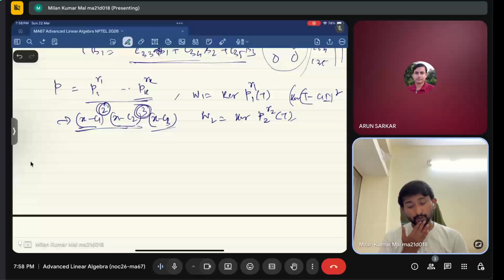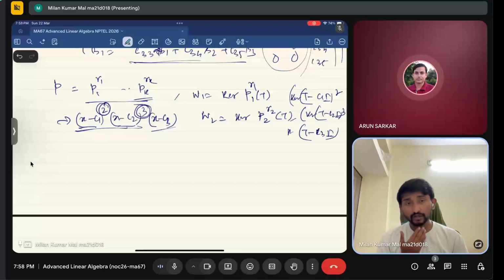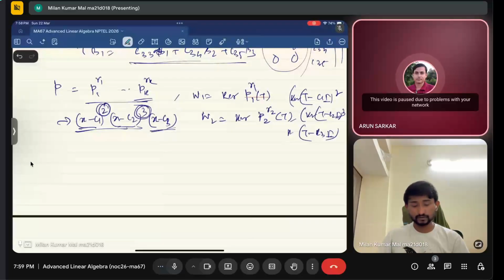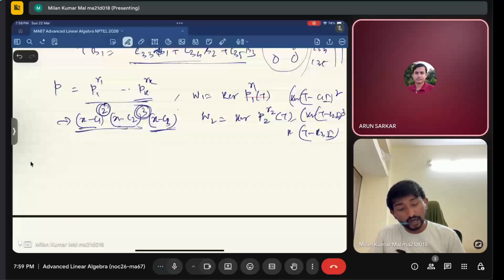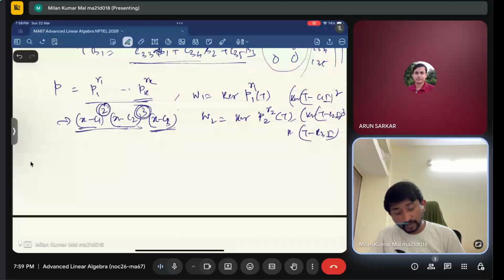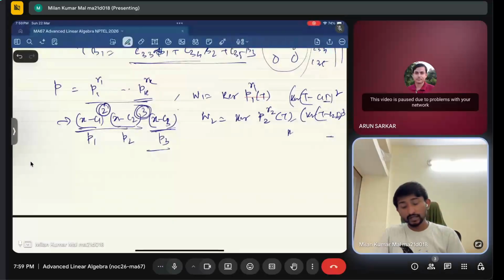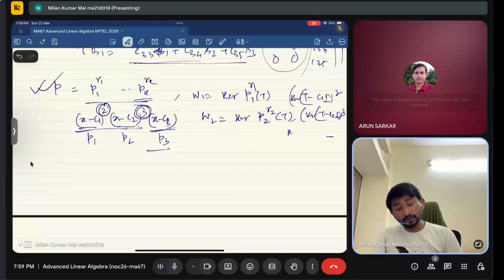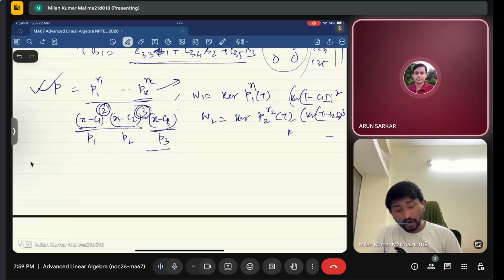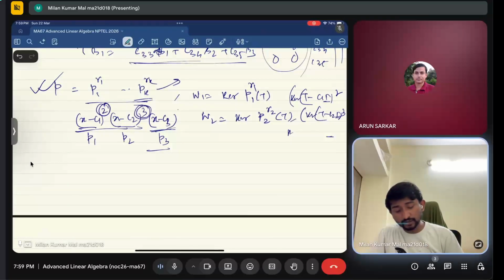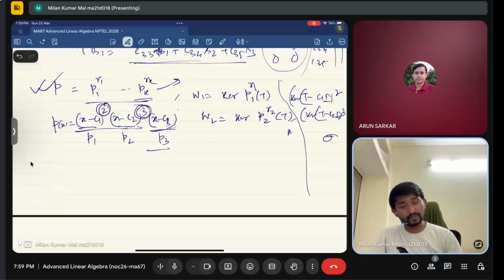Whenever you have a linear factor with no power, this is P1, this is P2, this is P3. I'm just giving you a parallel example. This is the general minimal polynomial I'm talking about. For now, assume that P looks this way. In parallel, I'm trying to explain what the kernel is.